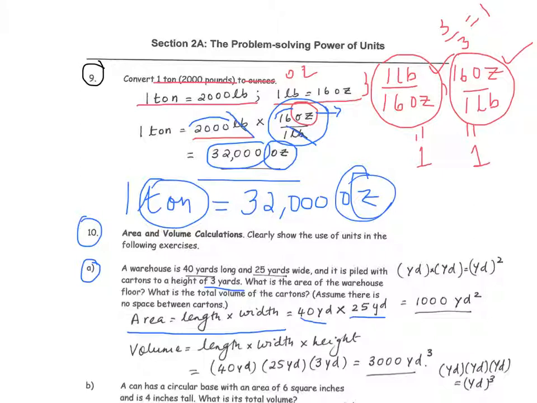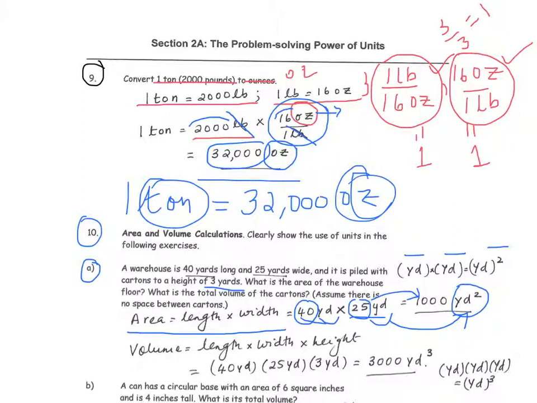So here we are not only multiplying the numbers, but we also have to consider the units. So 40 times 25 is 1000, and yards times yards is square yards, because x times x is x squared, yards times yards is square yards. So that is the unit of area.